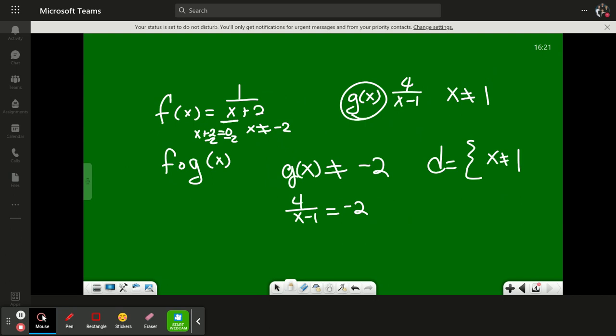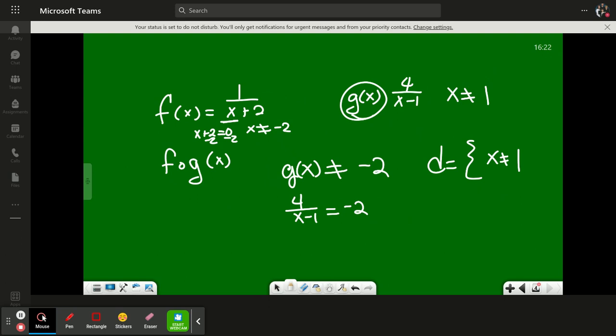If I were asking you for the composite function of f of g, I would have 1 over something plus 2. If I left out that x, what would I be putting in? What would the composite function be?